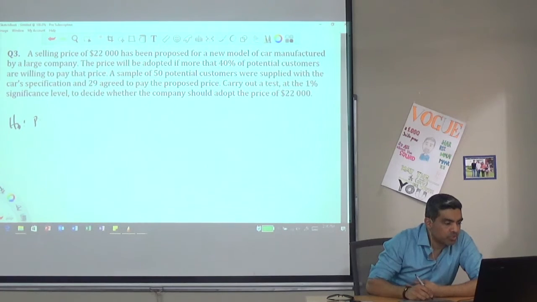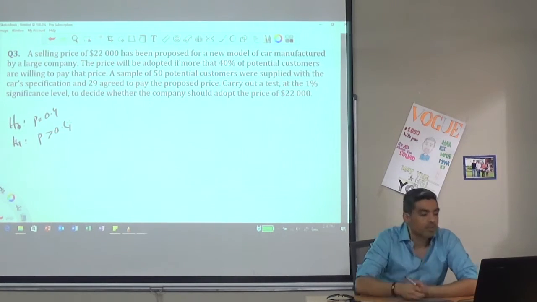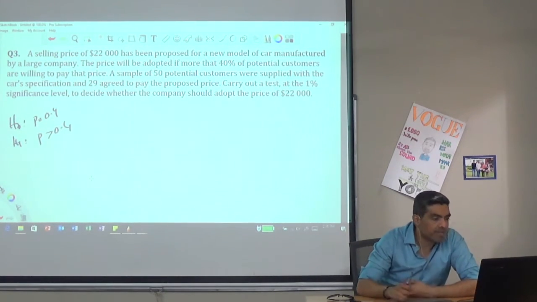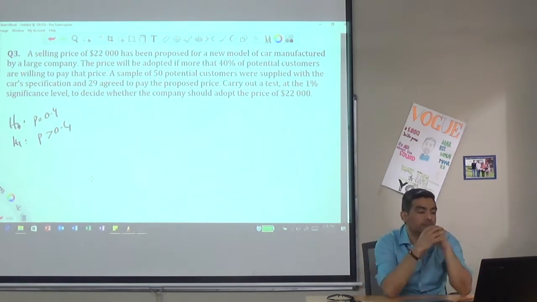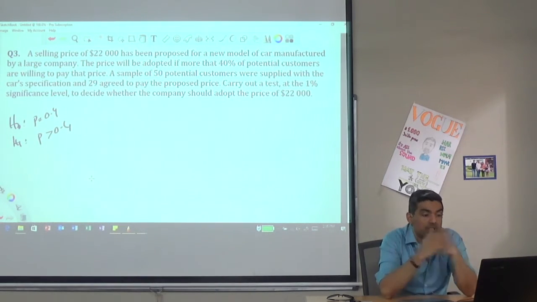The proportion should be 0.4, but they believe that it's greater than 0.4. If the price is adopted, more than 40% of potential customers are willing to buy at that price. This is what needs to be tested.